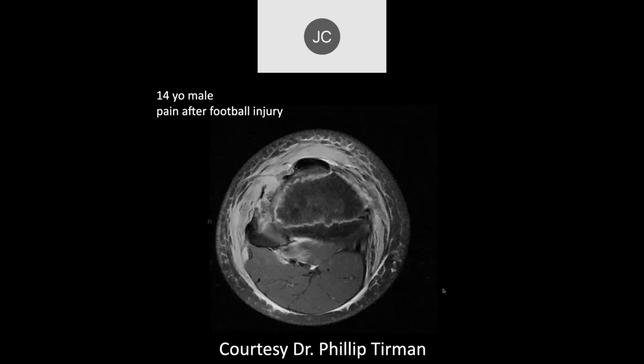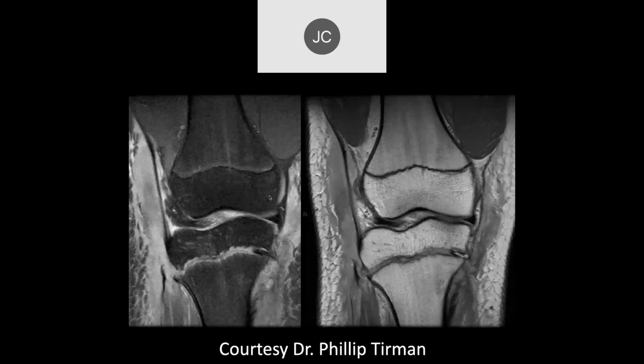14-year-old, pain after football injury. We see a lot of soft tissue edema around the knee, in the tibial plateau, or in the fibular head. Maybe there's a defect. Okay, so we have widening of the physis of the proximal tibia.